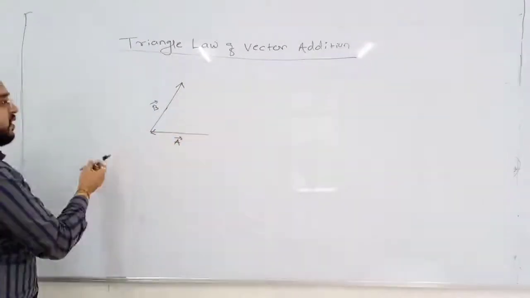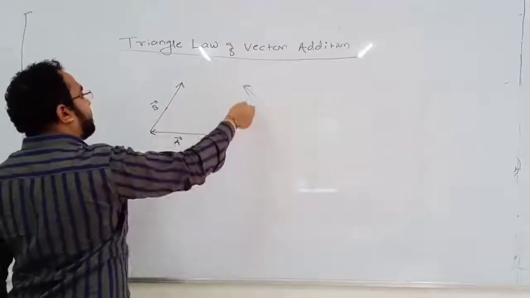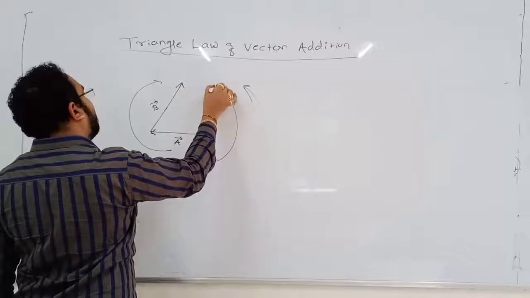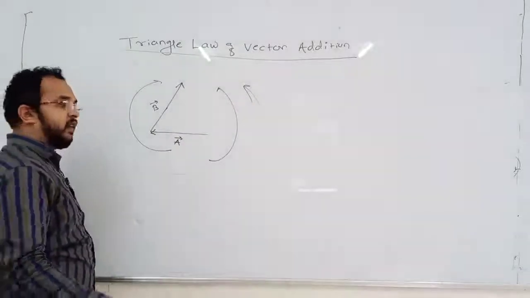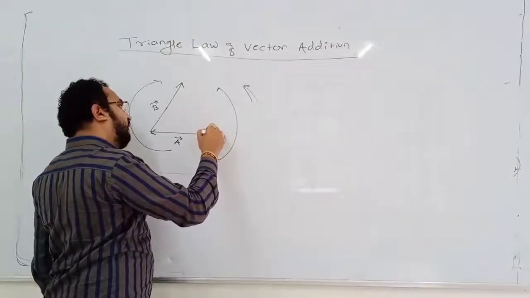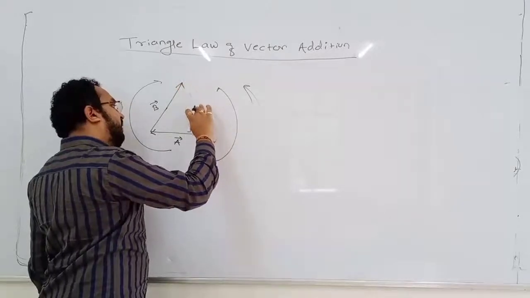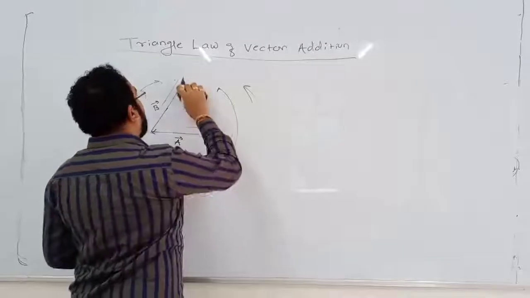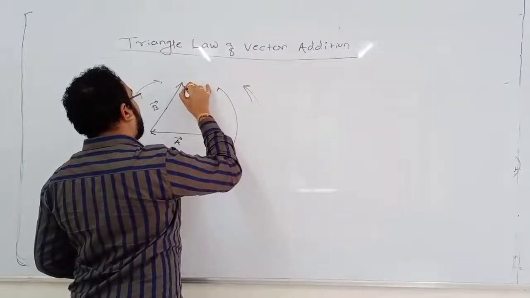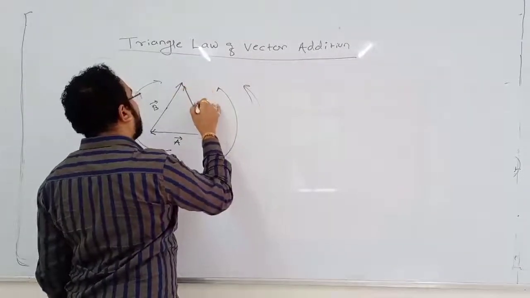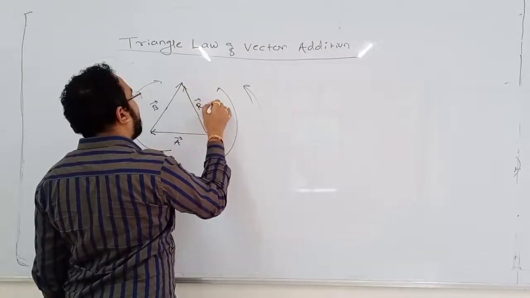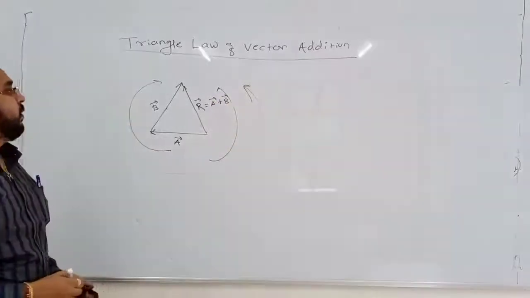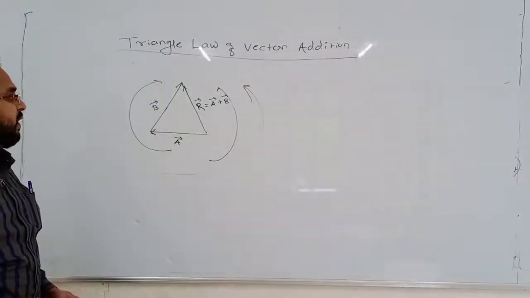These vectors are going clockwise, so the resultant will be anti-clockwise, completing the triangle. That is the third side of the triangle. This is vector R, the resultant, vector A plus vector B.